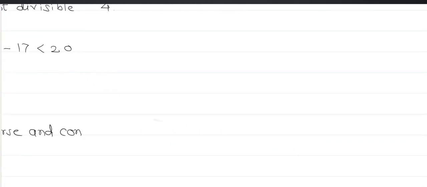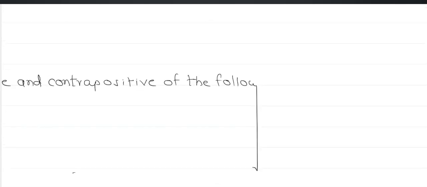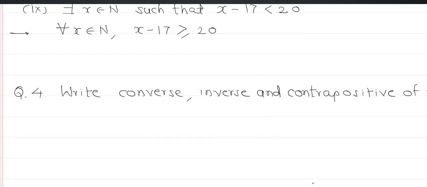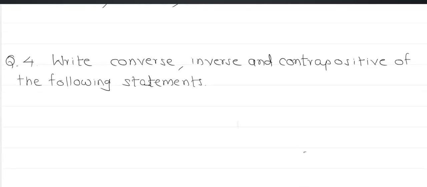Now the next is question number 4. Write the converse, inverse and contrapositive of the following statements.